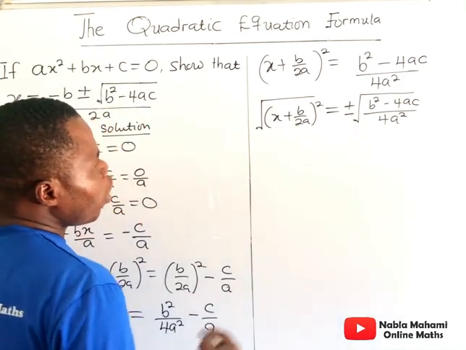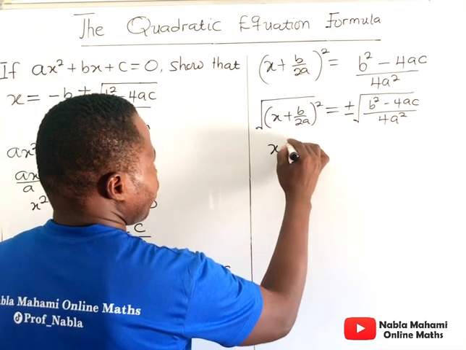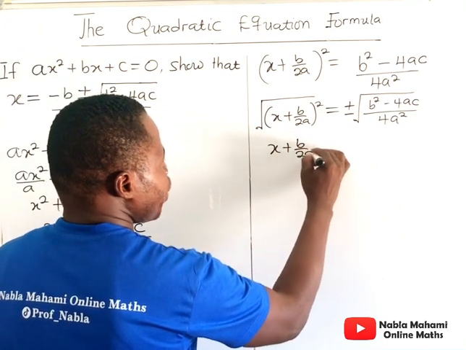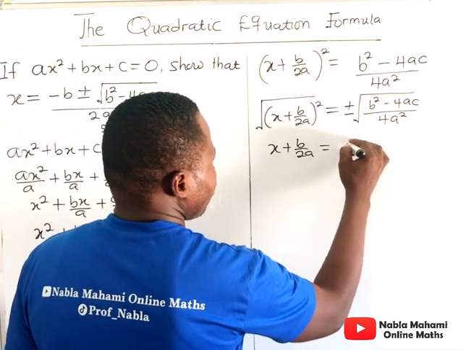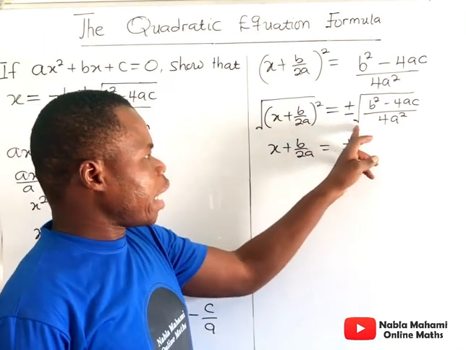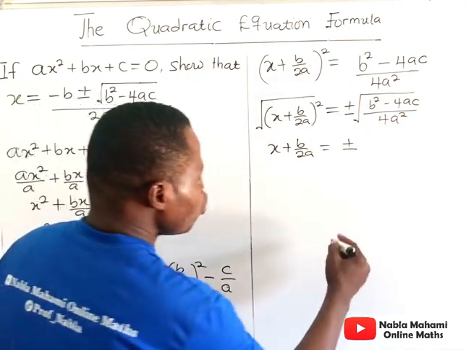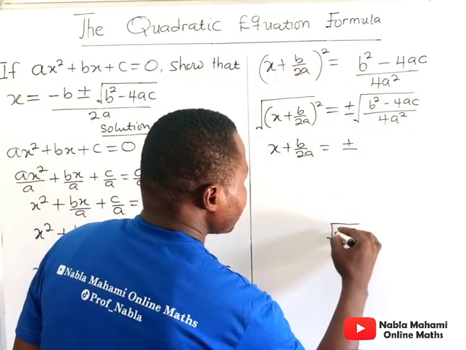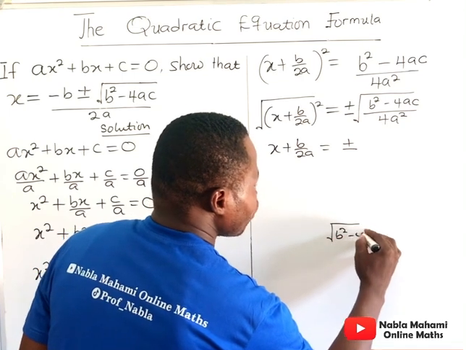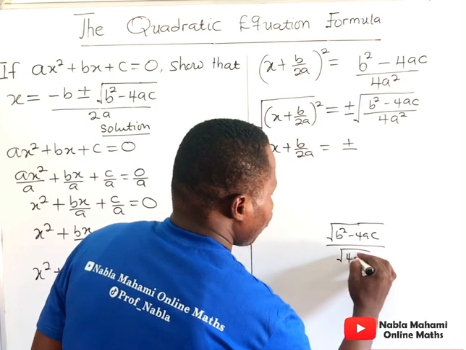Now, here the 2 will cancel the square root sign. I'll have x plus b over 2a, which is equal to plus or negative. You know, this square root sign is covering both the numerator and the denominator. And to do that, it will look like this: plus or negative square root of b squared minus 4ac all over square root of 4a squared.